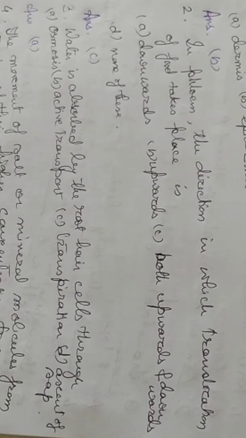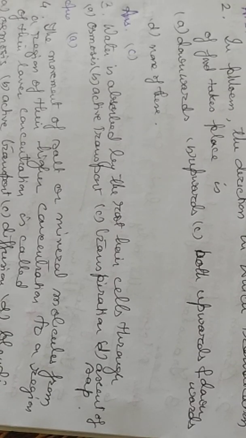So this way it is both upwards and downwards. Then, water is absorbed by the root hairs through osmosis, active transport, transpiration or ascent of sap.